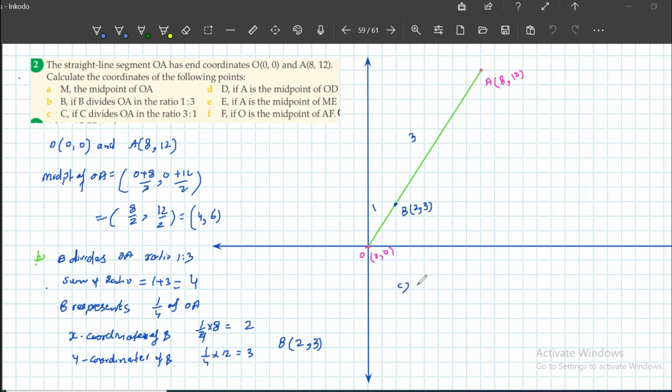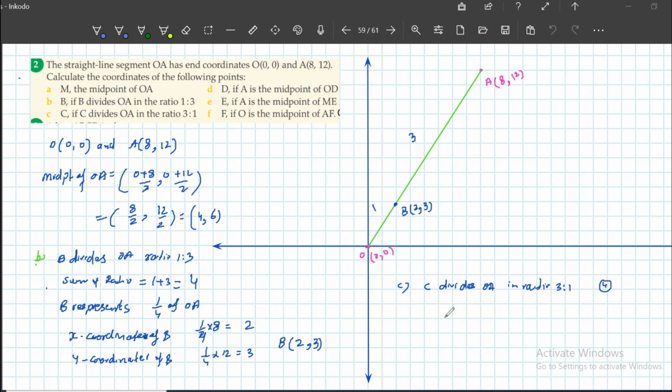C is the opposite of B, and C divides OA in ratio 3:1, means the sum of ratio is 4.